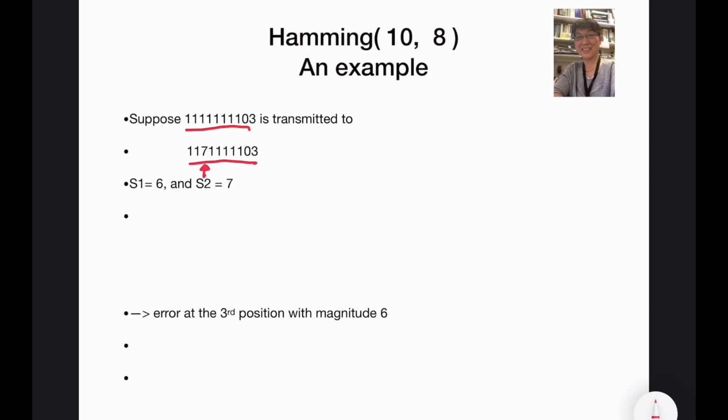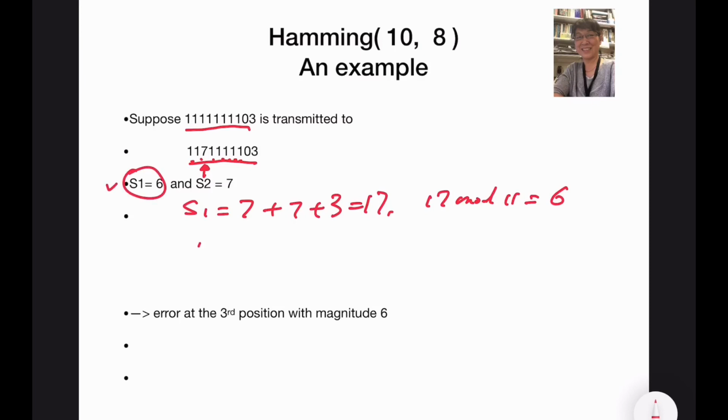Let's go through step by step and see how we calculate the two syndromes. S1, as you remember, is a simple sum of everything. So let's count 1, 2, 3, 4, 5, 6, 7 ones makes 7, plus that 7, plus 3 makes 17. Then 17 mod 11 makes 6. Therefore, we can see the calculation here, S1 equals 6 is correct. And S2 is every value times their weight.